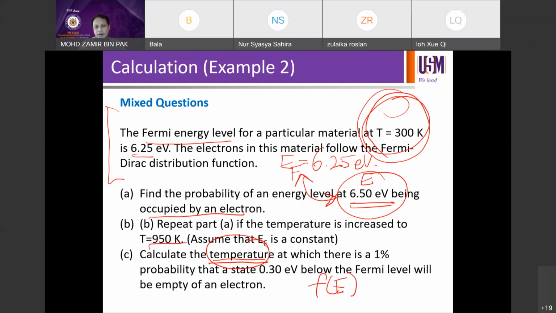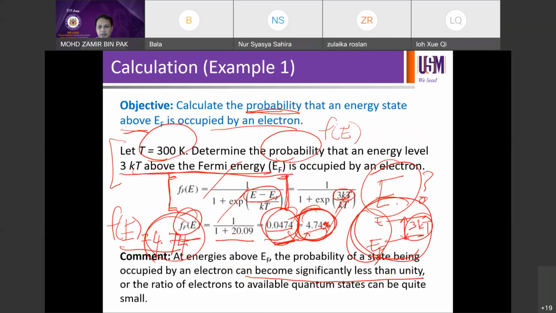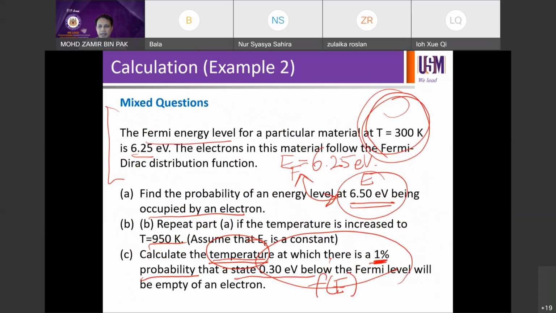At which there is a 1% probability that a state 0.3 eV below the Fermi level will be empty of an electron. So this is like the first question here. It's not explicit, you have to sketch in order to understand the relative value of your E, EF and whatnot, and where this 0.3 is in this particular question.